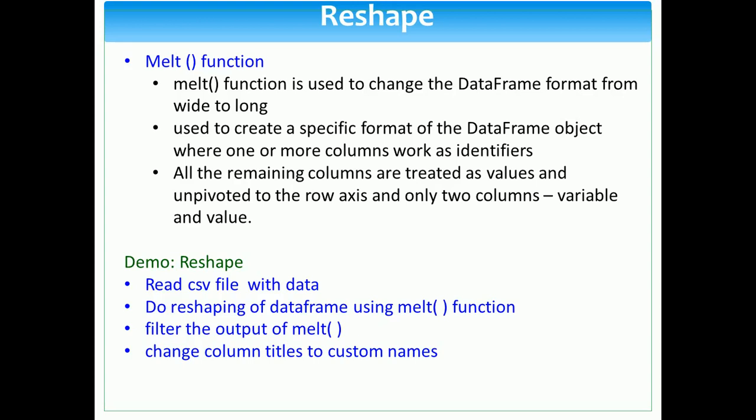Then we can filter the output of the melt function. Then we can change the column titles to custom names, because now we are going to get only two columns, so we can change them as per our liking. Let's see this in working so that we understand it clearly.